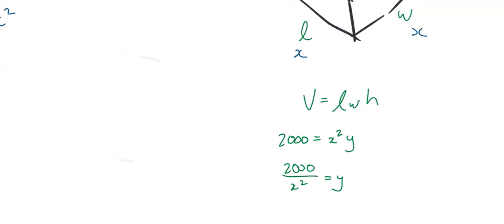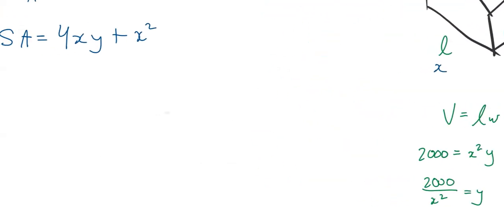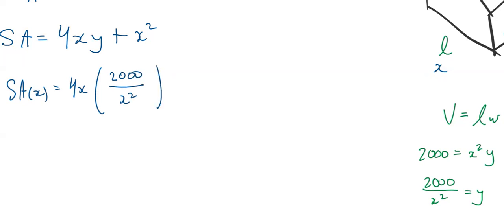And then sub that back in and simplify. So 4 times 2,000 is 8,000 over x plus x squared.